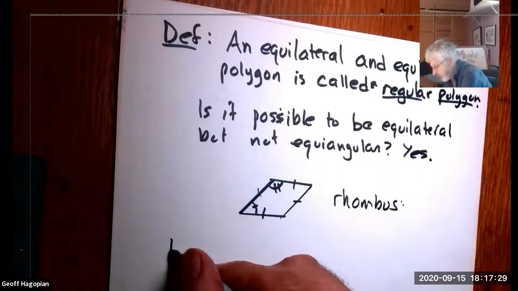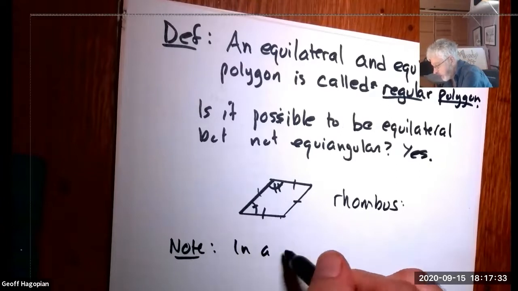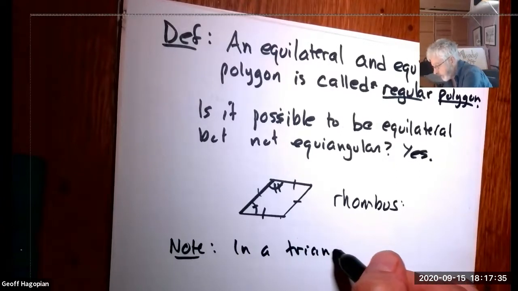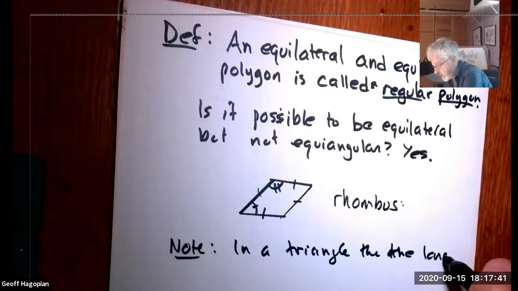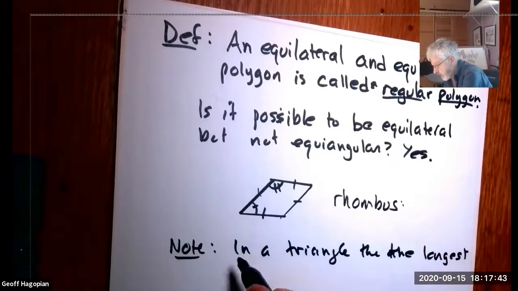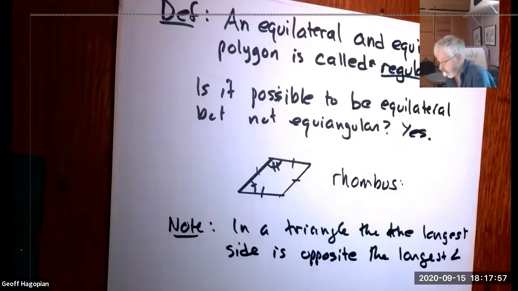So let's just note as a sidebar here, in a triangle, the largest side is opposite the largest angle.